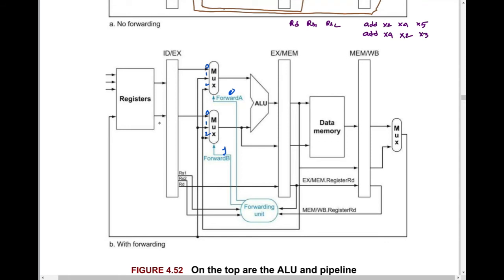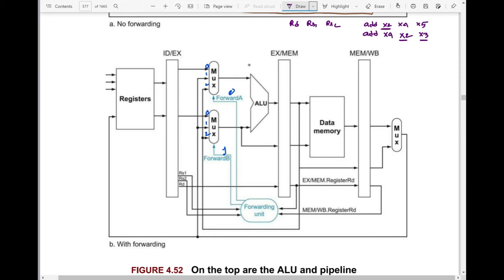When forwarding is required, if the RS1 or RS2, any of these, is X2, forwarding is required, right? So if RS1 or RS2 of the second instruction depends on the RD of the first instruction.